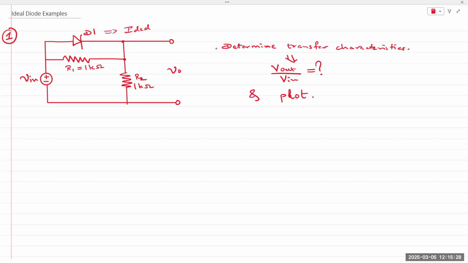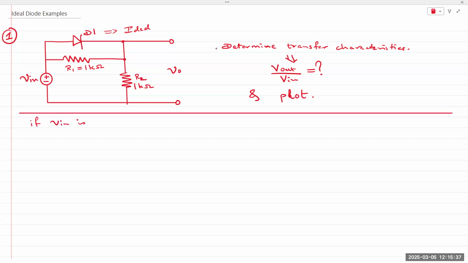So let's do this. If V in is an AC input, then in the positive half cycle, the circuit is going to look like this.